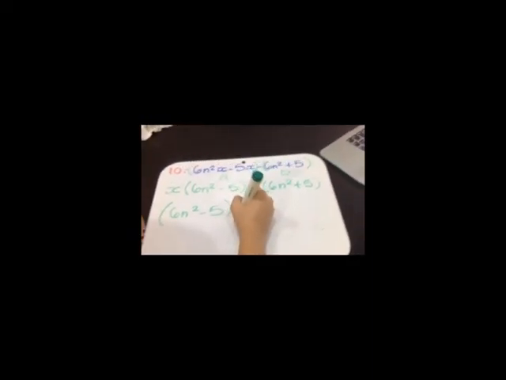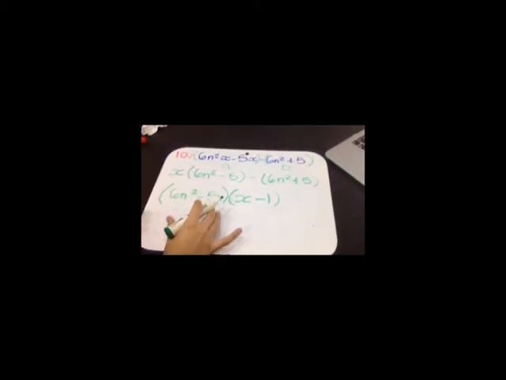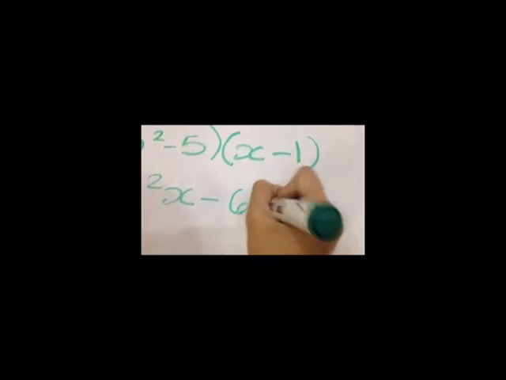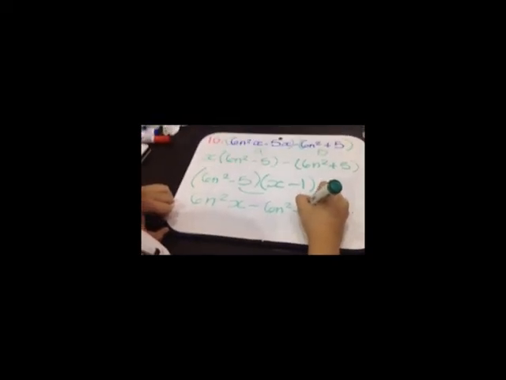So this is equal to x minus 1, because when you multiply this times this, it will give you letter A and B. So if we do it, it will be 6n squared x, and then minus 6n squared, then with number 5, minus 5x plus 5.